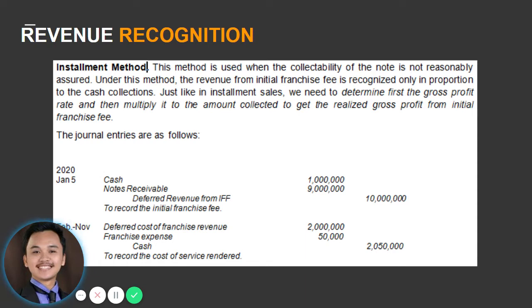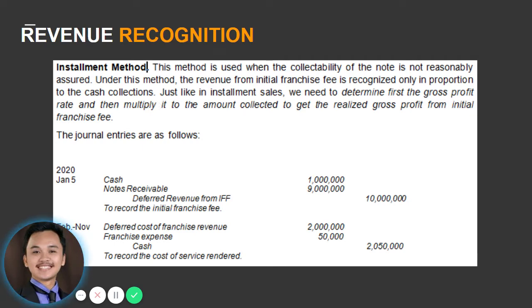Now, what if this time there is a problem? We assume that the collectibility of the note is not reasonably assured. So if it is not reasonably assured, we cannot use accrual. That means we will use the installment method. Under this method, the revenue from initial franchise fee is recognized only in proportion to the cash collections.